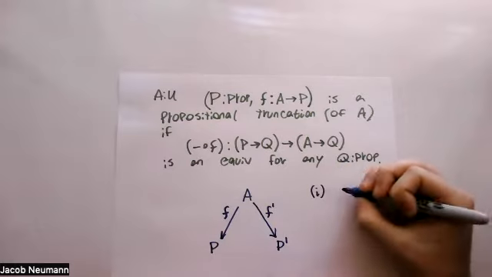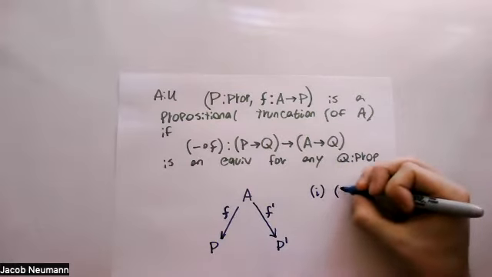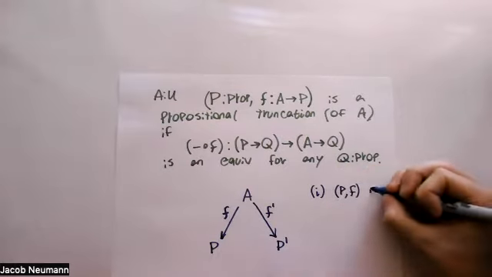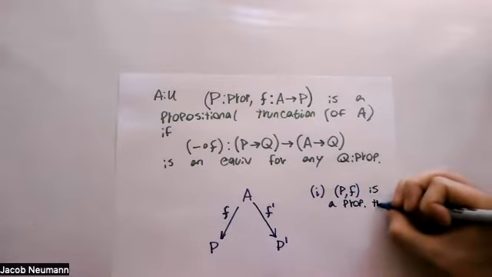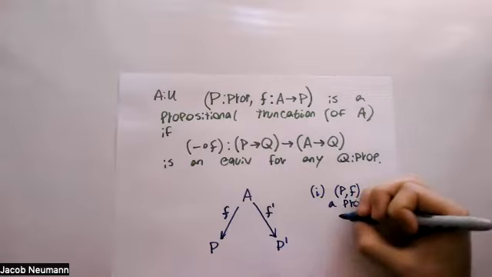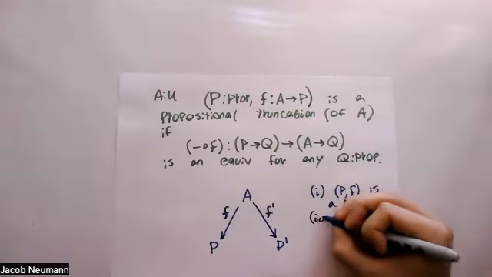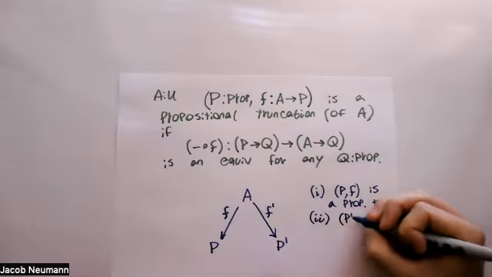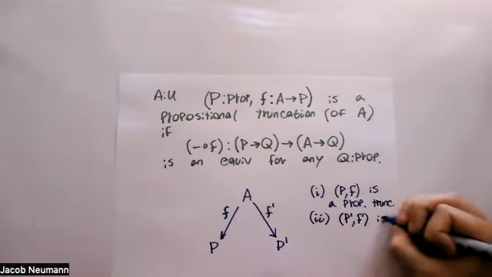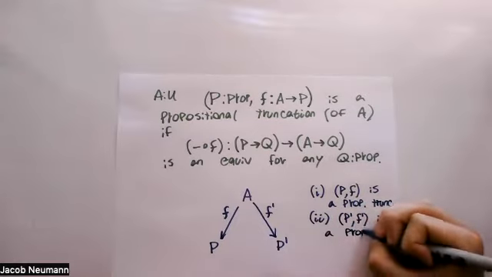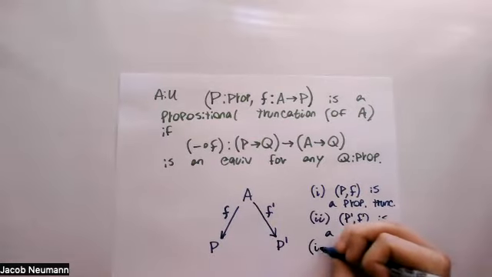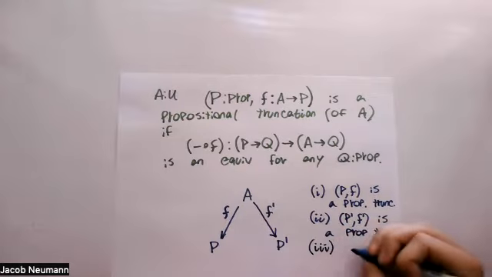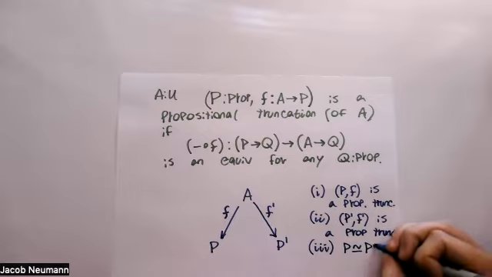One is that P F is a prop trunk. Two is that P prime F prime is a prop trunk. And three is that P is equivalent to P prime.